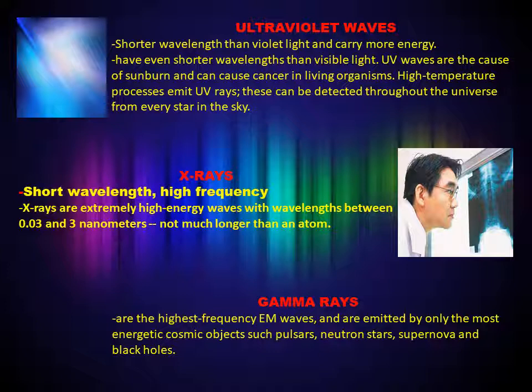Gamma rays also lie at the other end of the electromagnetic spectrum, and of course, are shortest in wavelength and highest in frequency. They carry the highest amount of energy. Thus, they are more dangerous. Gamma rays are so strong that they can kill living cells.